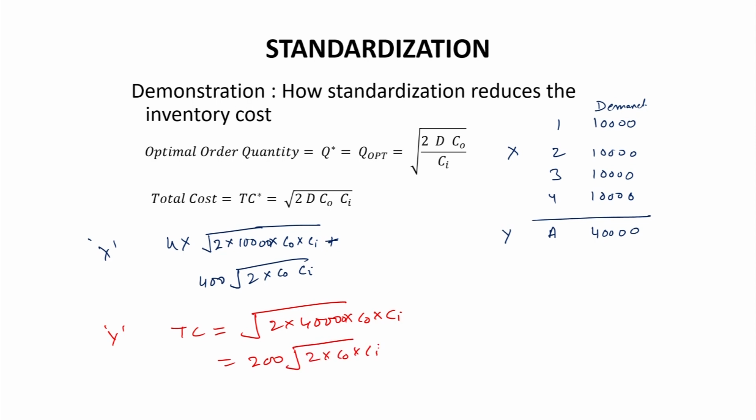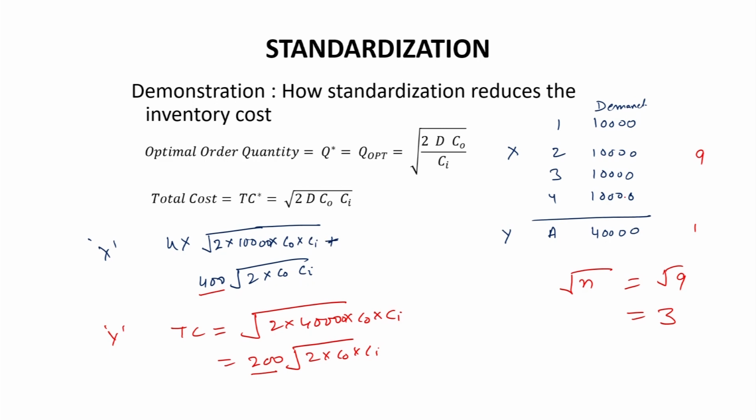So, what you are observing is that if 4 items are standardized as one item, the total cost of keeping those items will reduce to half, from 400 to 200. In general, if 9 items are reduced to 1, it is a component of root n, so your cost will reduce to 1/3.